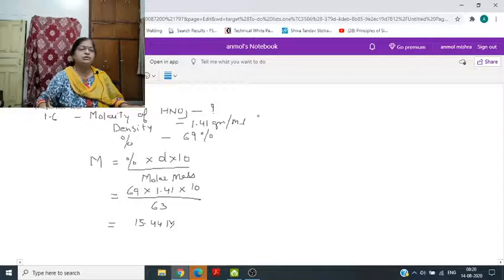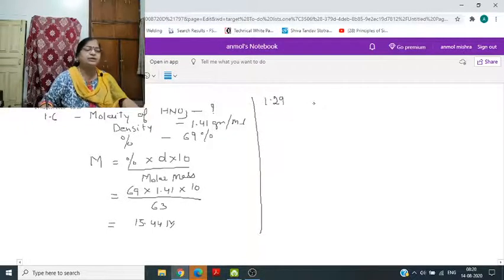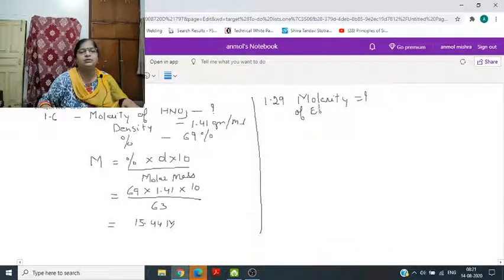Now there is one more question, 1.29 from NCERT. Calculate the molarity of ethanol in water, and the mole fraction is given to you.